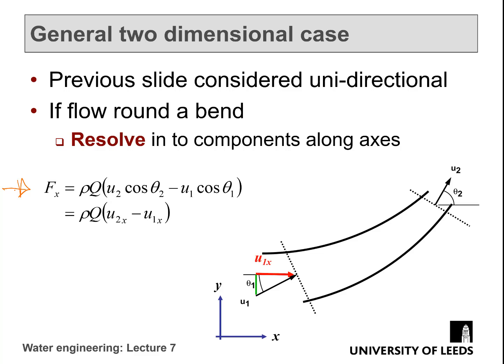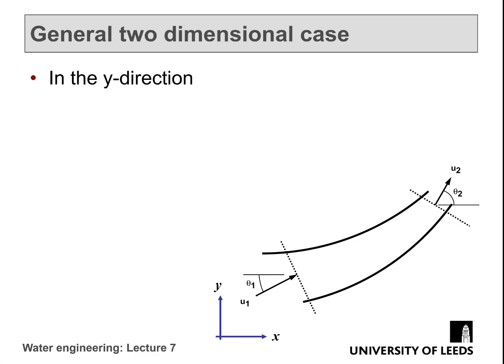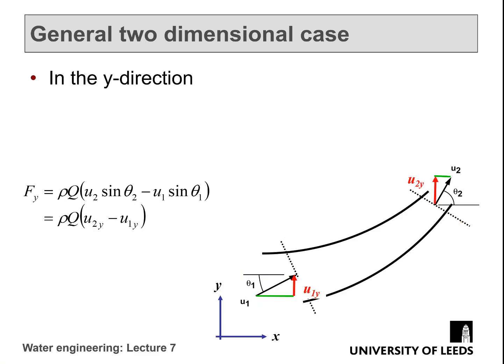On the diagram here, we'll see U1x and U2x resolved in the x direction, and for the y direction it's similar, but it's sine theta in this case, with second subscript y.